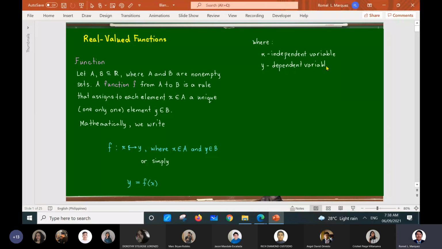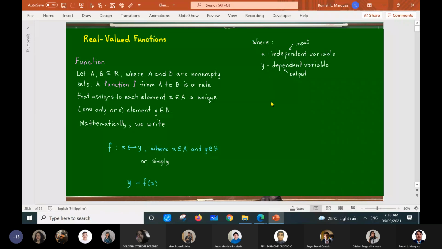You can think of the independent variable as the input variable, while the dependent variable you can think of as the output variable. For what reason? Because for the independent variable we assign a value, meaning we input. And after inputting a value, you will expect an output value, which is the value of the dependent variable.